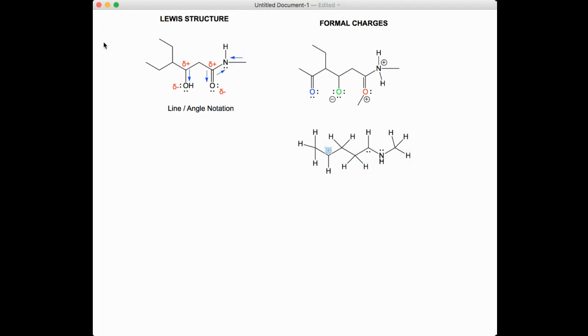Any carbon, so I said the maximum number of bonds for a carbon is 4. Any carbon with 3 bonds will have a formal charge of +1, okay?